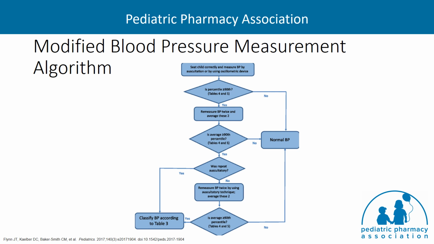If the average is greater, it is recommended to use manual blood pressure technique to ensure this is accurate if an automated way of assessing the blood pressure was used before. If blood pressure is greater than or equal to the 90th percentile, you would go ahead and classify according to the tables. So you're probably wondering, what on earth do these blood pressure tables look like?